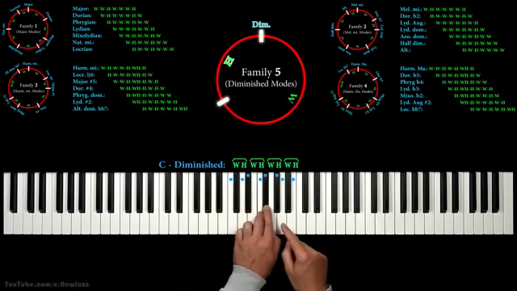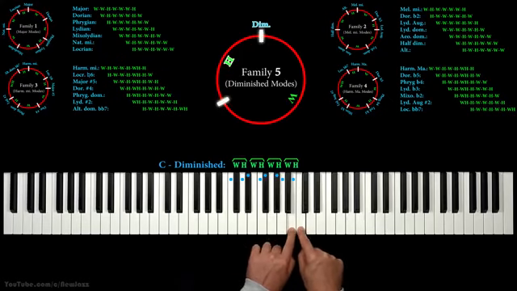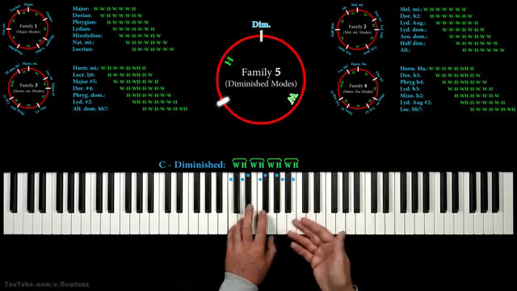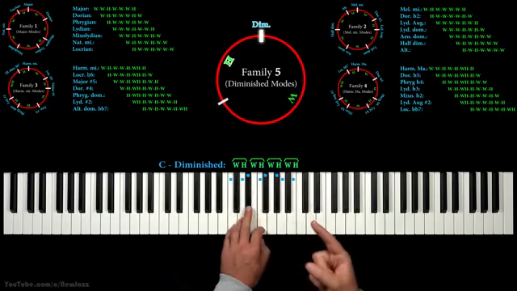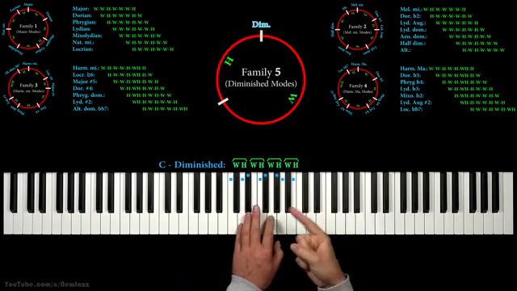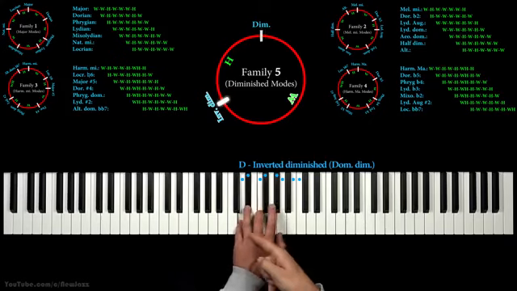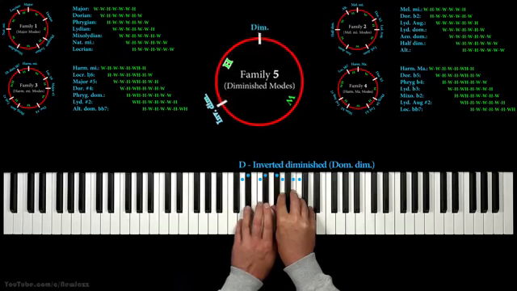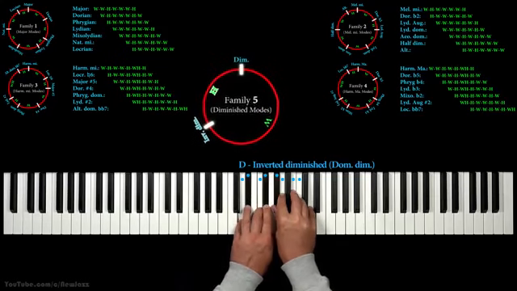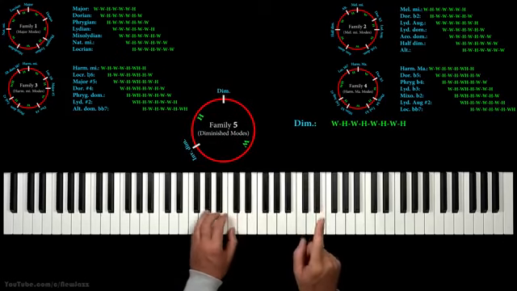Whole, half, and again, whole, half. So, with this repeating pattern of our scale, we got only one other family member, the second degree inverted diminished scale, that starts up with a half step instead of a whole step. Let's write down the interval steps of the two scales.